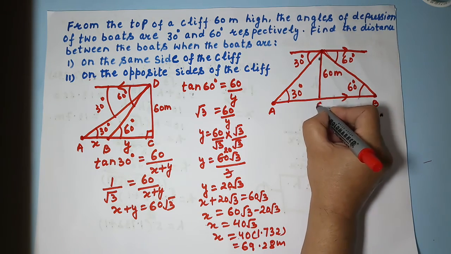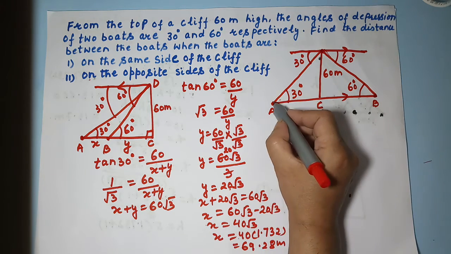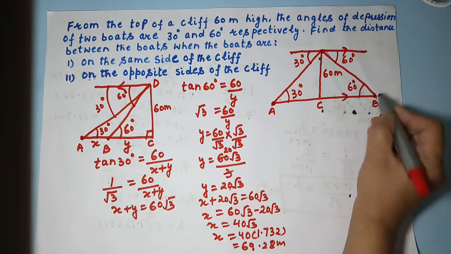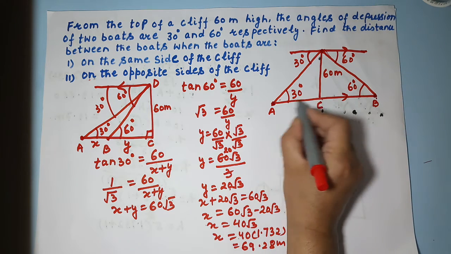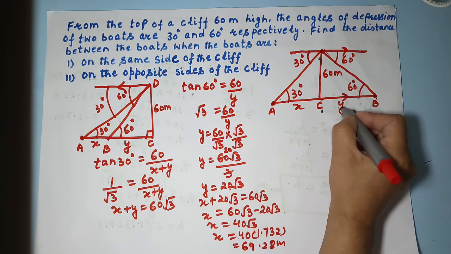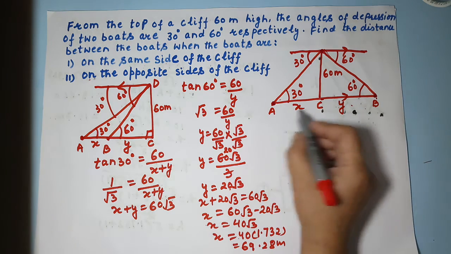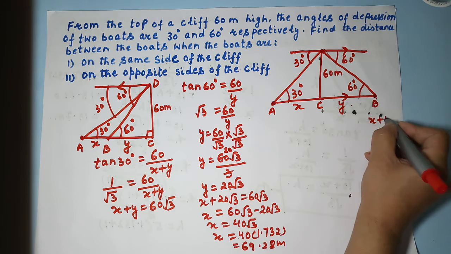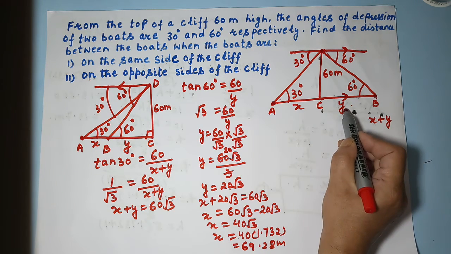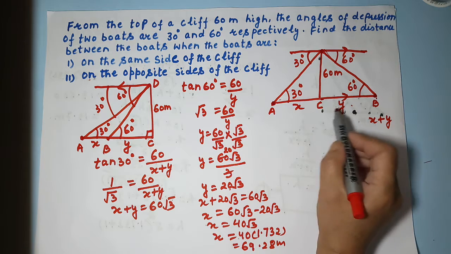So let this be C. Now he wants us to find the distance between these two boats. So let this distance AC be x and let this distance BC be y. Now we have to find actually x plus y. That means we need to get the value of x, then the value of y, then we will add both the values.